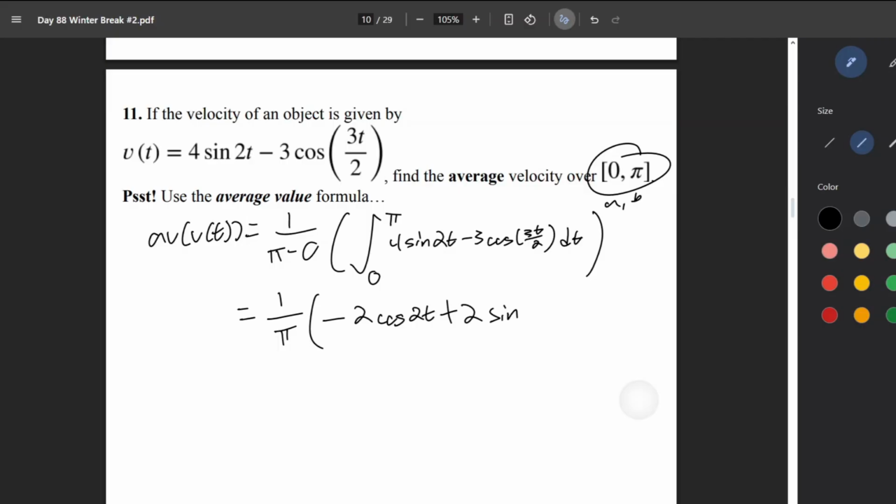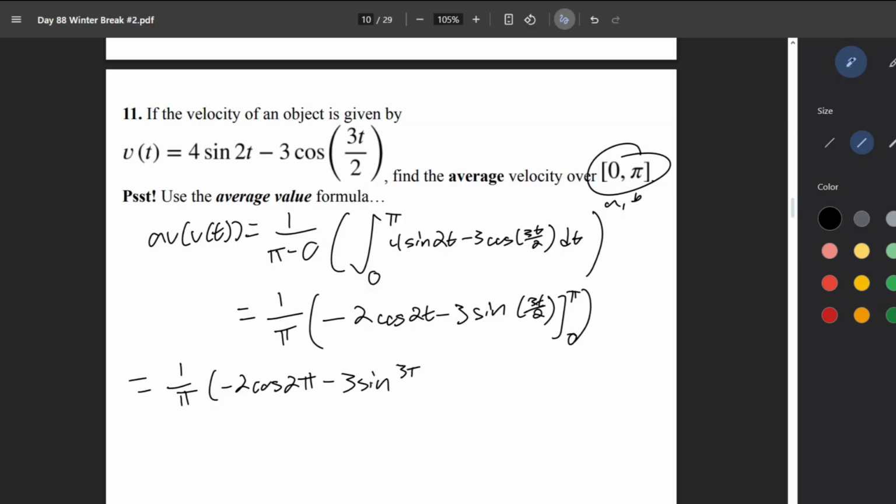Would it be 2 sine? Oh, no. Still be minus. So I'm trying to do all this in my head because it's a lot of extra steps. So minus 3 sine 3t over 2. Then you want to evaluate it from 0 to pi. So this would be 1 over pi of negative 2 cosine 2 pi minus 3 over sine 3 pi over 2.